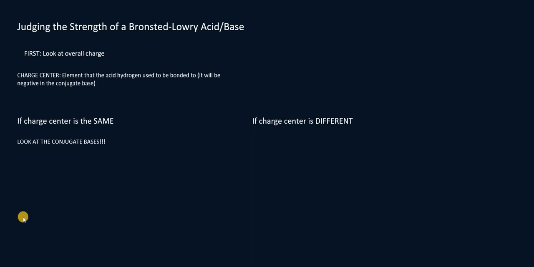Let's take a look at that. So we are going to compare these two acids to see which one is stronger. We've got HSO3- and we've got HPO4 2-. So the first thing you want to draw your attention to is the fact that the overall charge of these two things is different. This one is 2- and this one is just minus, or you could also say just -1.